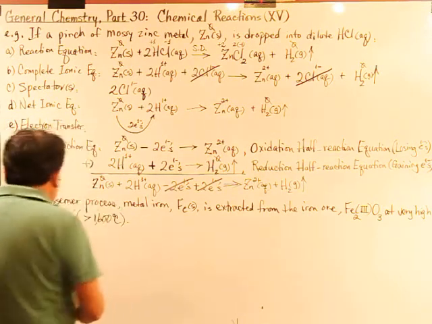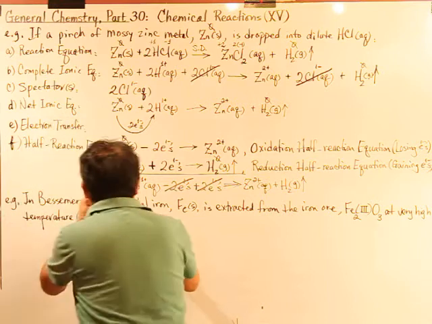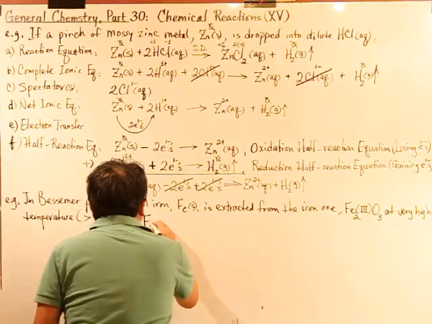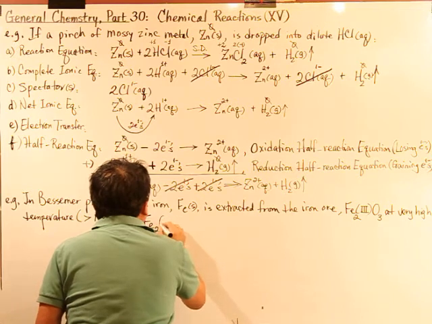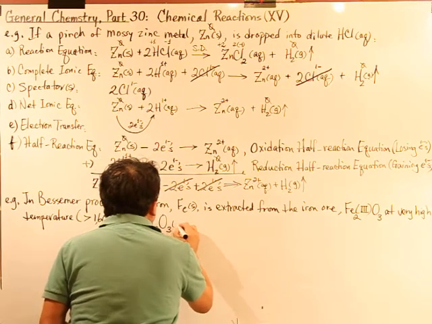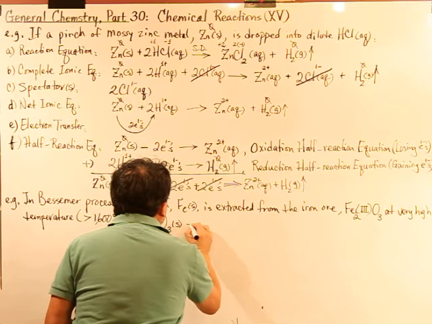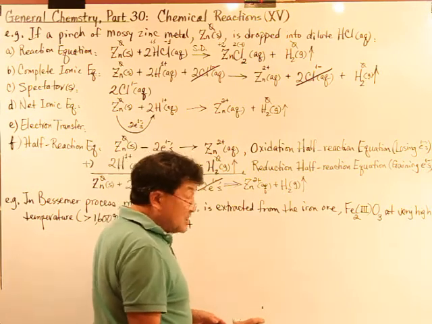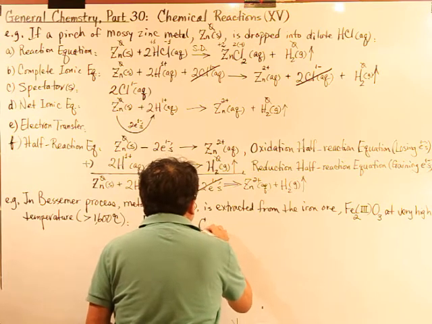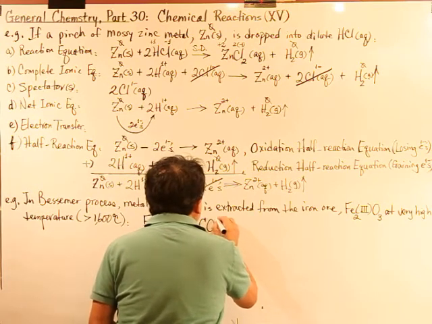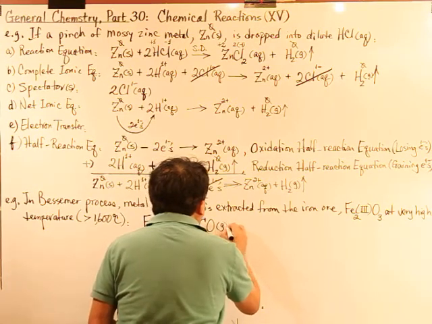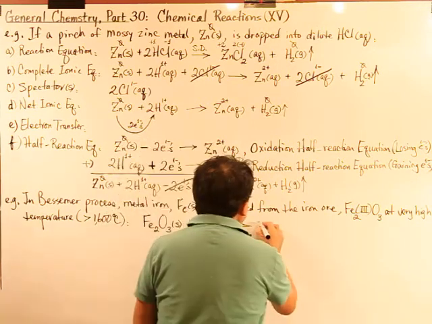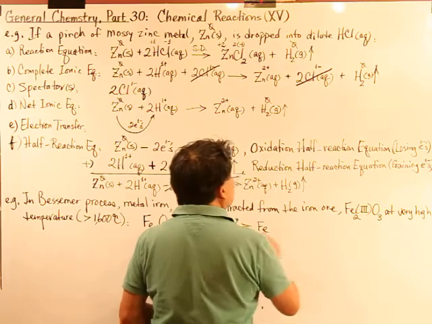So the reaction is such, right? The Fe2 oxide, the solid, and then in the presence of carbon monoxide, a gas, and then going through this process, produce the iron, right?